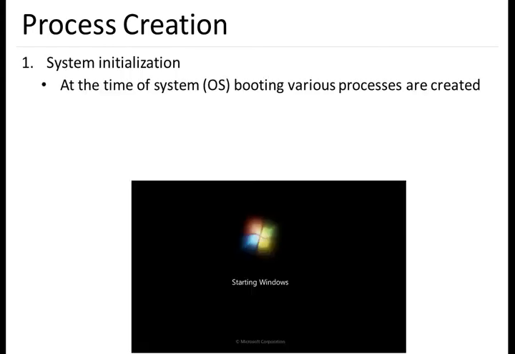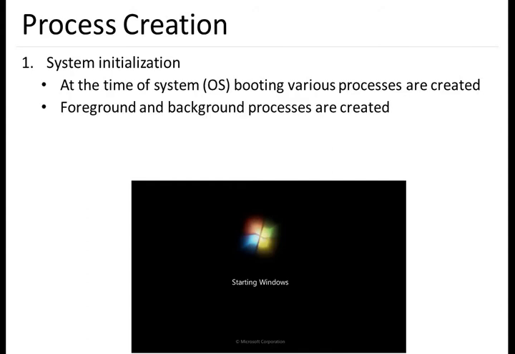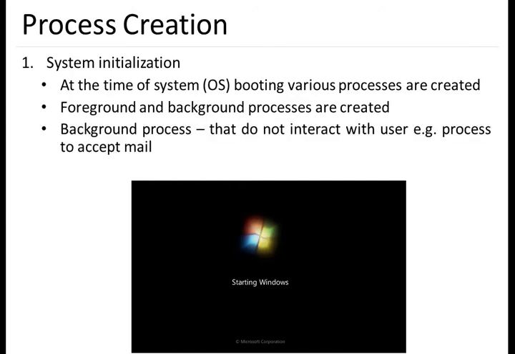First of all is system initialization. For example, whenever you switch on your system, at the time of operating system booting, various processes are created. Whenever you start your program, various background and foreground processes are created.